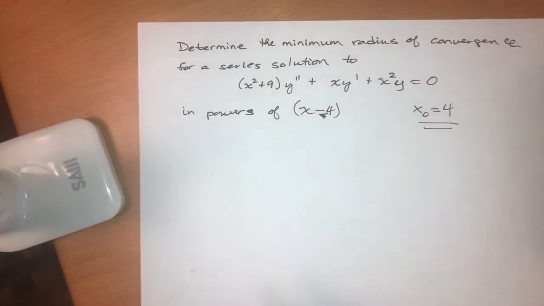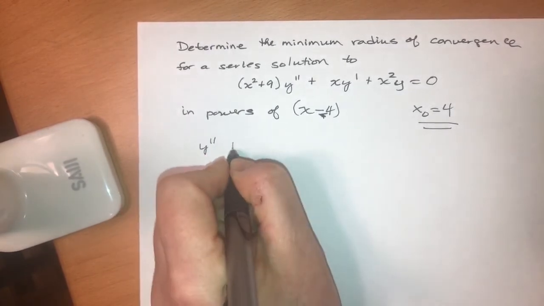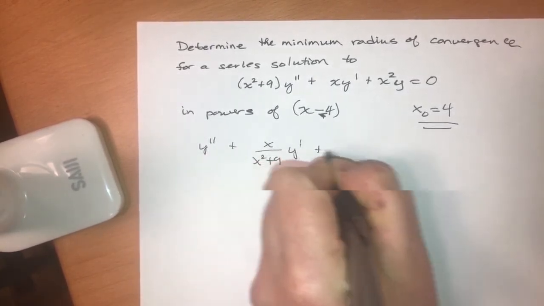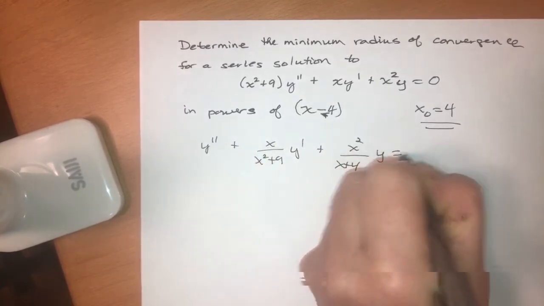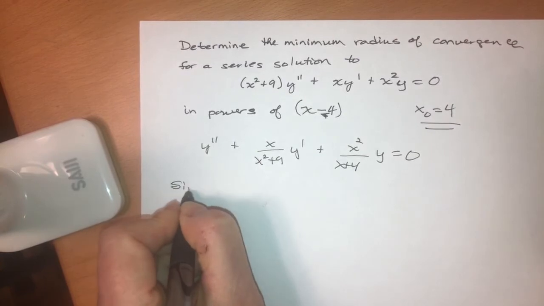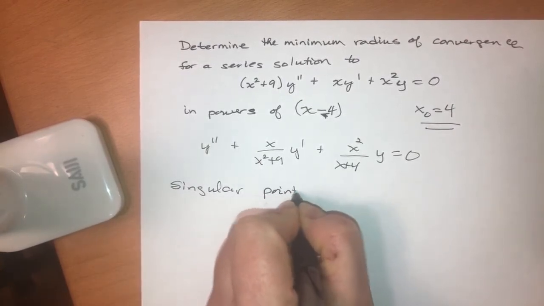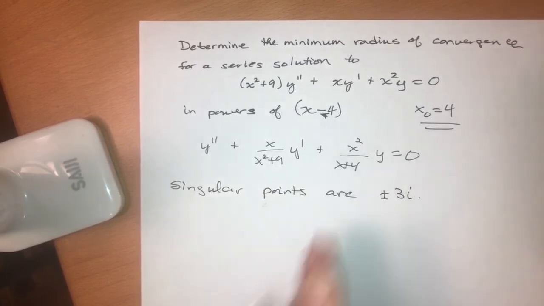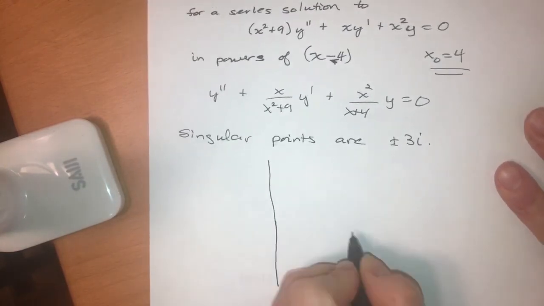We already put it into standard form in the last example. And we already know our singular points are plus or minus 3i. So again, now you're working in the complex plane.